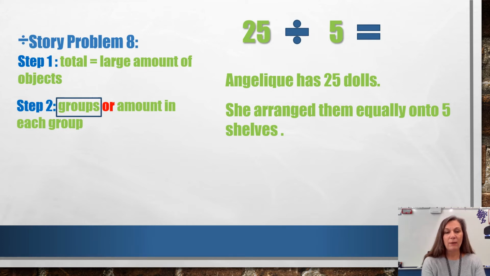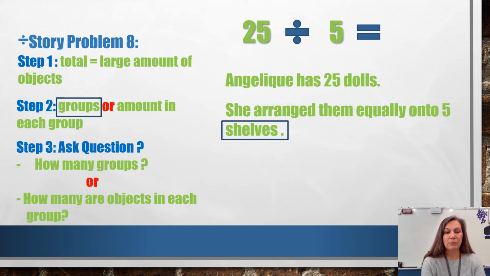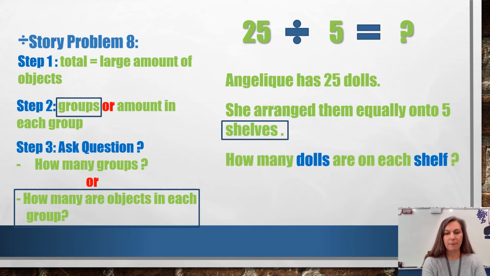And since we know how many groups we're going to have, the question is going to be how many dolls are going to be in each group. So we need to ask a question that goes with how many dolls are going to be in each group or on each shelf, which is the opposite of what we did on step 2.